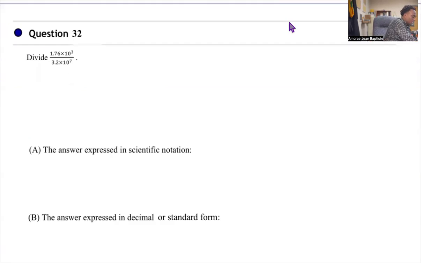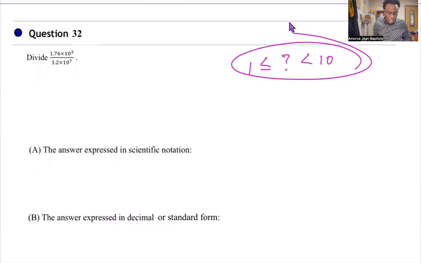So this one is the same situation, but this is dividing, and we're going to make sure that when we divide, if the result is not less than 10 and greater or equal to 1, we manage to get it into the correct format for scientific notation, and then we would find the standard form.